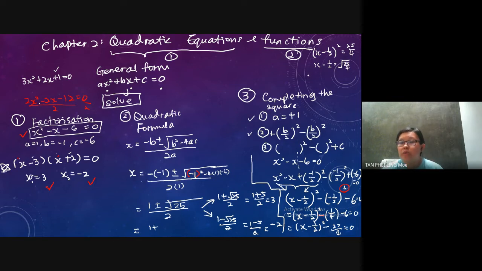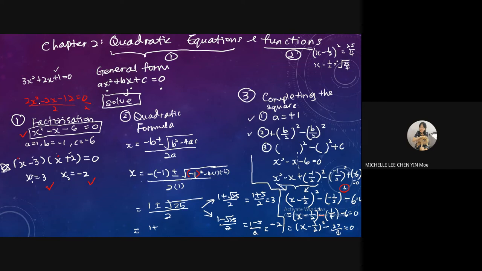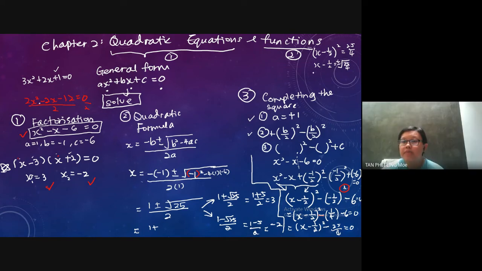So when you have x minus half, the whole thing square, then you square root 25 over 4. So remember, when you square root 25 over 4, what should you do in front of the square root? Plus minus sign. Very good. So that now you can have two solutions also. One is x minus 1 over 2 equals to 5 over 2.